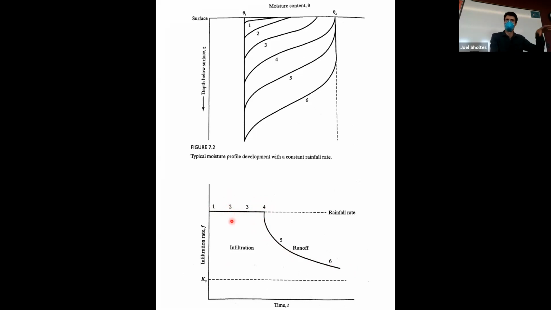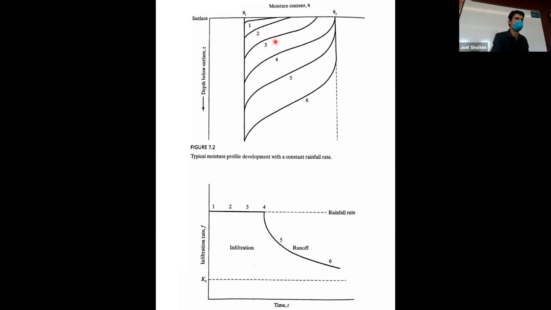So whatever's falling on the ground is getting soaked up. And then at some point we kind of saturate the soil enough so that the infiltration rate reduces below the rainfall rate, and then runoff occurs. You're still infiltrating, but at a lesser rate. And so now whatever's raining in excess of the infiltration rate runs off and turns into flow, like surface flow over the soil.